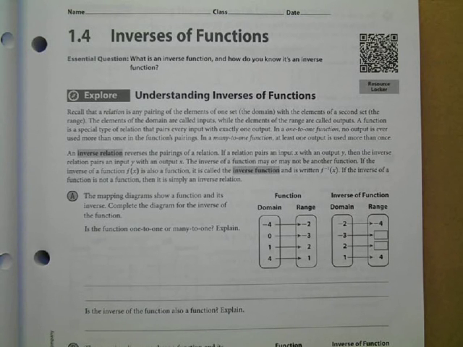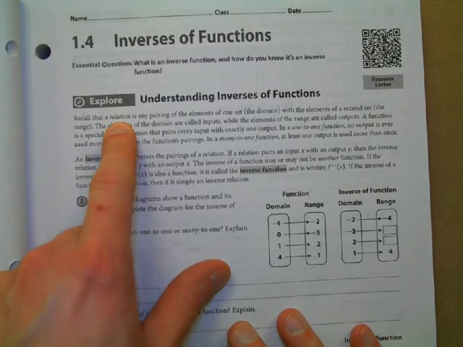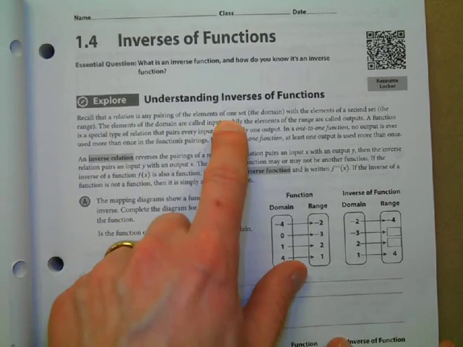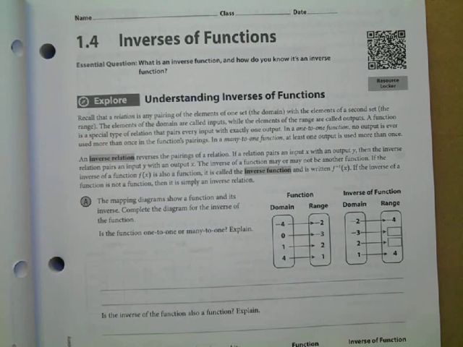A relation is a more general way to relate two numbers together. A function, we use that word a lot, is a specific kind of relation, where every input matches to only one output. Every x value input matches to only one y value or output.